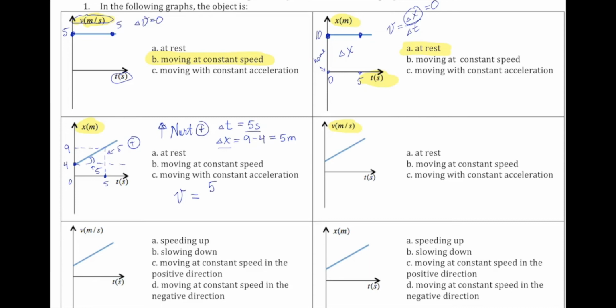The change in time was also 5, 5. So I had a velocity of 1 meter per second. And because the slope is consistent, I know that this velocity is constant. There are no curves, which means that this graph illustrates moving at a constant speed in the same direction. I can even say that it's moving at a constant velocity.